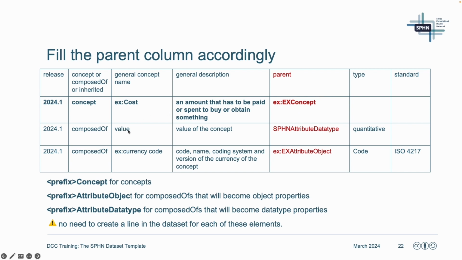The value, since it is defined in SPHN, you simply refer to the same parent that is used in the SPHN. So in this case, value is a subclass of the SPHN attribute data type. The currency code points to a code, so it is defined as a subproperty of the X attribute object.